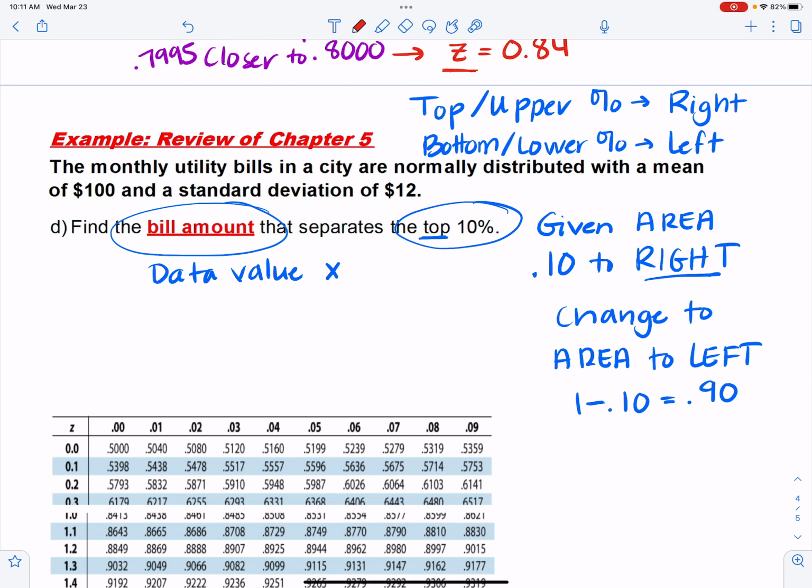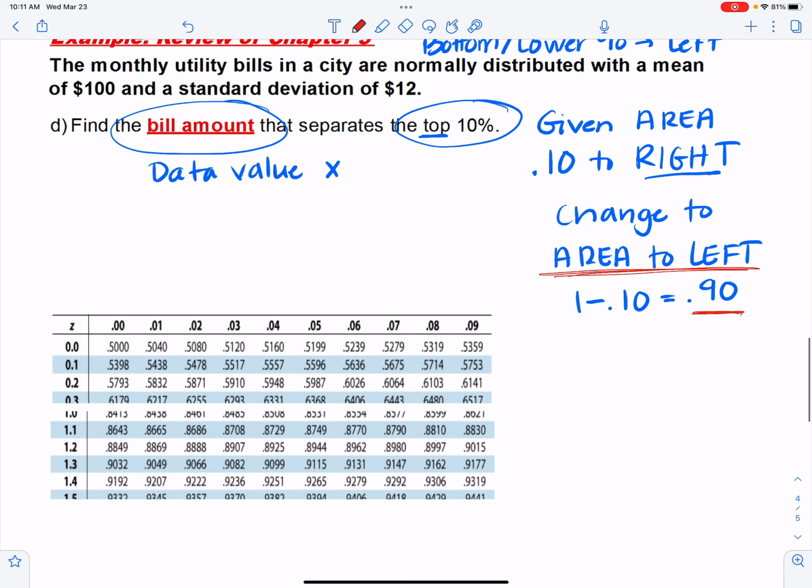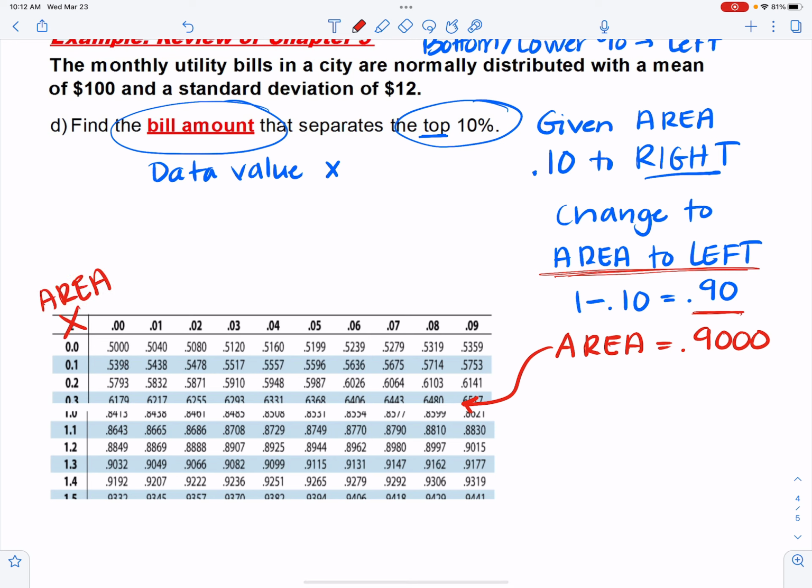Using your table, you have to do this in terms of an area to the left. So the area that I'm going to use here, if I write this to 4 decimal places, is 0.9000. Now again, this is an area, so I'm going to make sure I look inside the table. Areas are not on the outside.